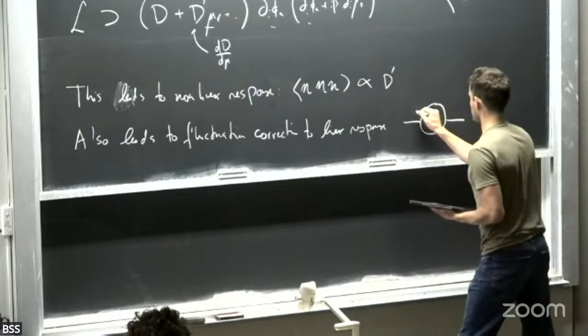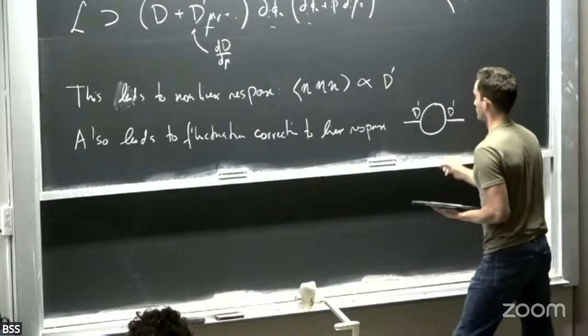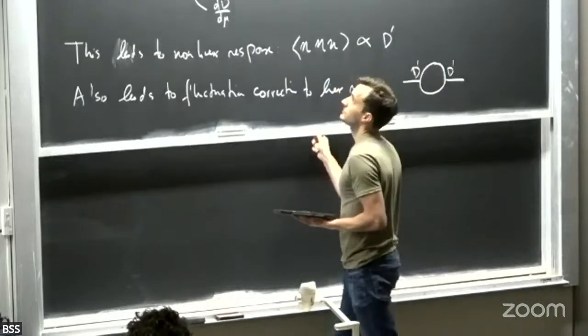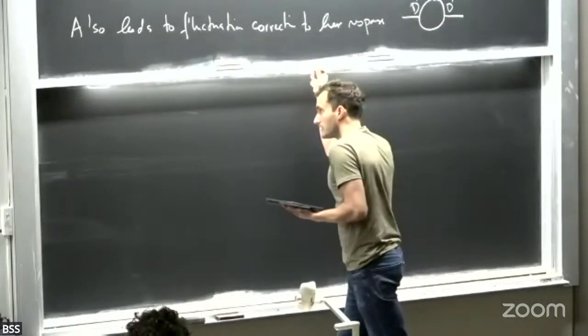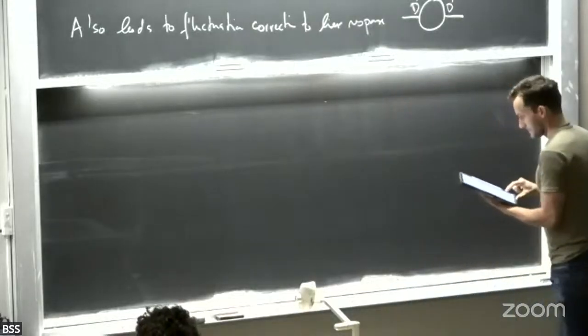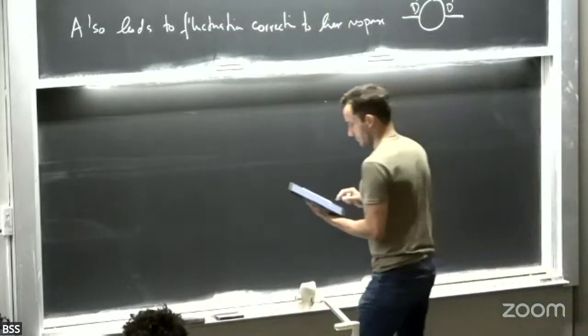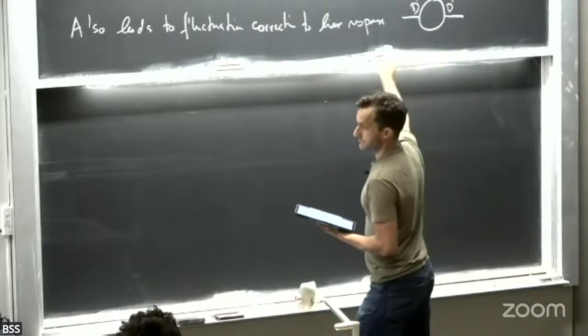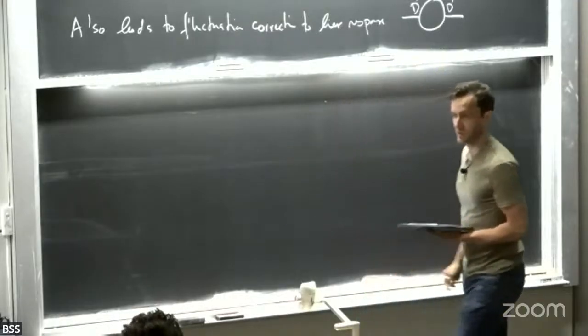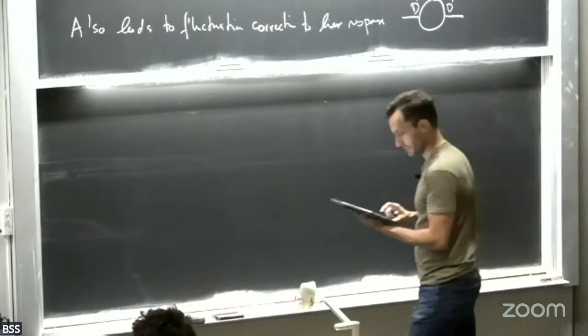A diagram like this. A thermal fluctuation, a loop in the effective field theory, which will give a correction to just linear response, conductivities or our density 2-point function.